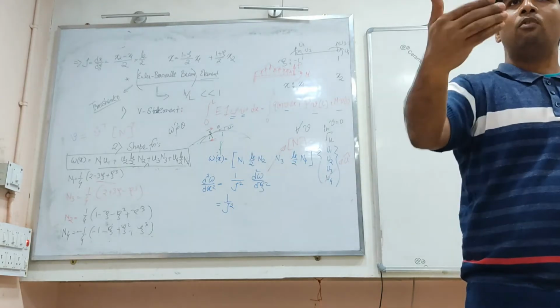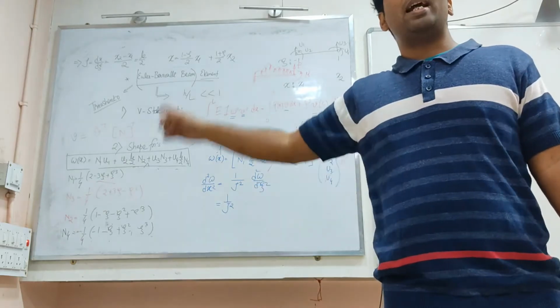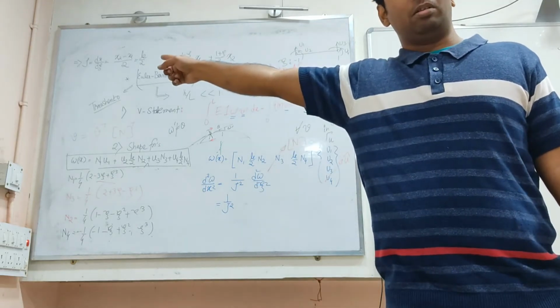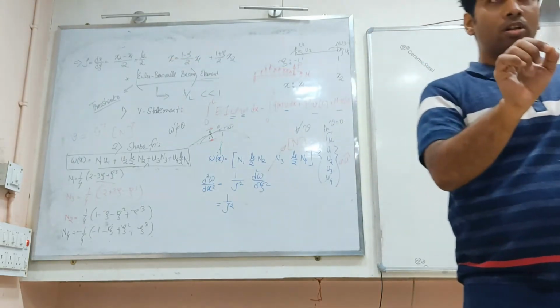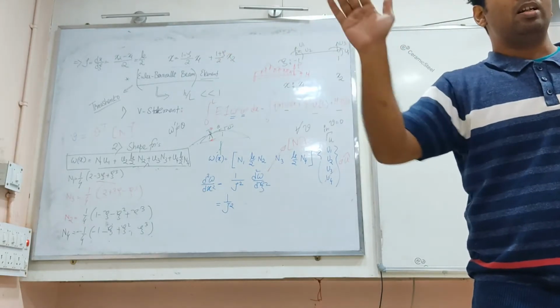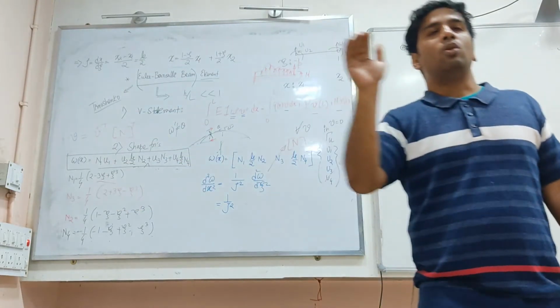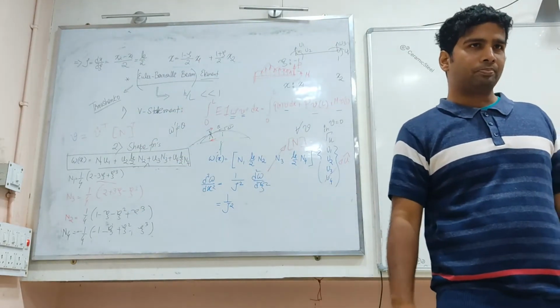Now we have also learned about quadratic bar element. In the same way, we can have quadratic Timoshenko beam element. So basically, there will be 3 nodes, 6 degrees of freedom, 3 separate W and 3 separate theta degrees of freedom: W1, W2, W3, theta 1, theta 2, theta 3. So you can form quadratic polynomials in those.